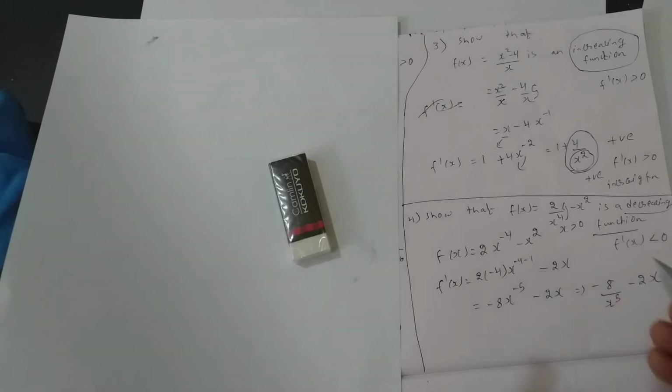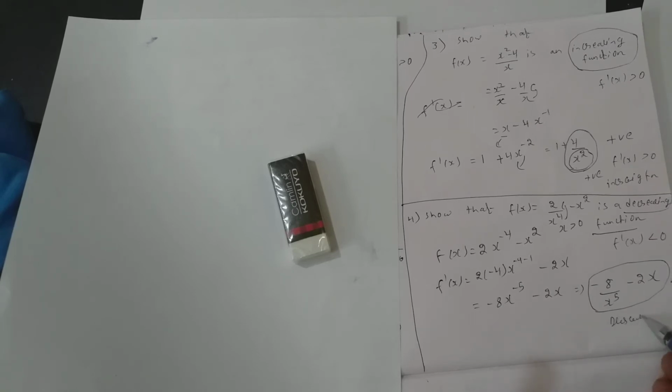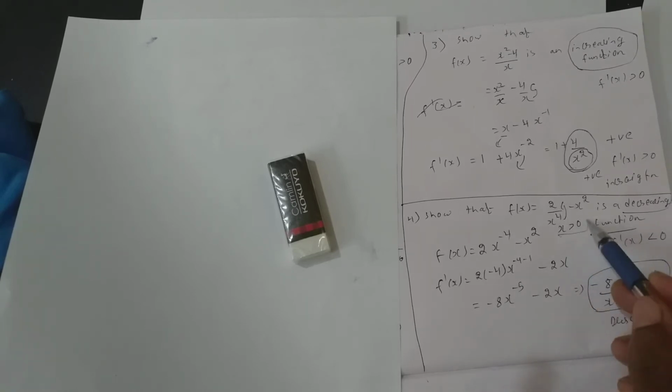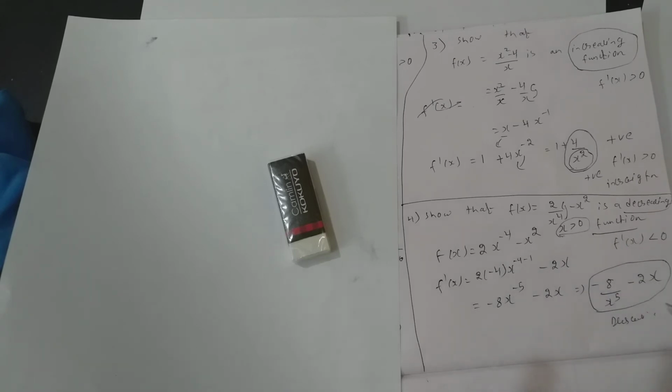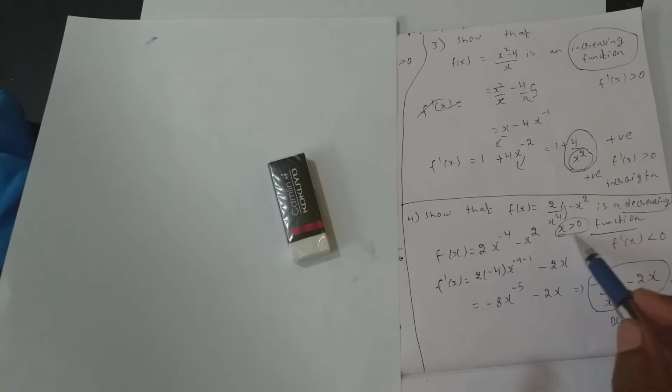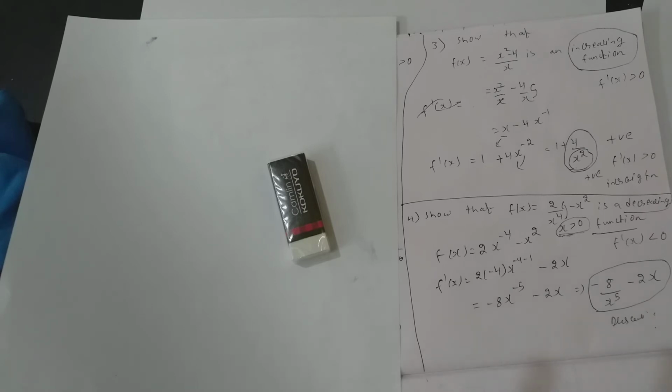So whenever x is greater than 0, this will always come less than 0. So it is decreasing. If this thing is not mentioned, then I cannot say whether it will be always less than 0 or greater than 0. Since this condition is there, I can say this is less than 0. So I can say it is a decreasing function. Clear enough, right?